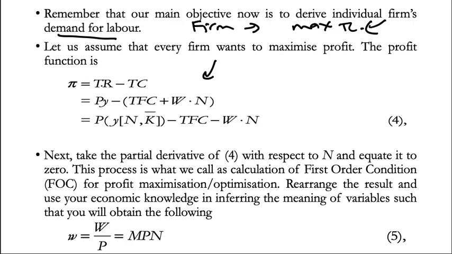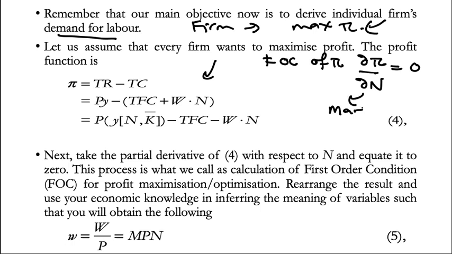From the profit function, we try to maximize profit. So that means, mathematically speaking, we want to get the first order condition of the profit function. That is, we take the partial derivative of profit with respect to labor, and equate it to 0, and this one is actually marginal profit, and marginal profit equal to 0.